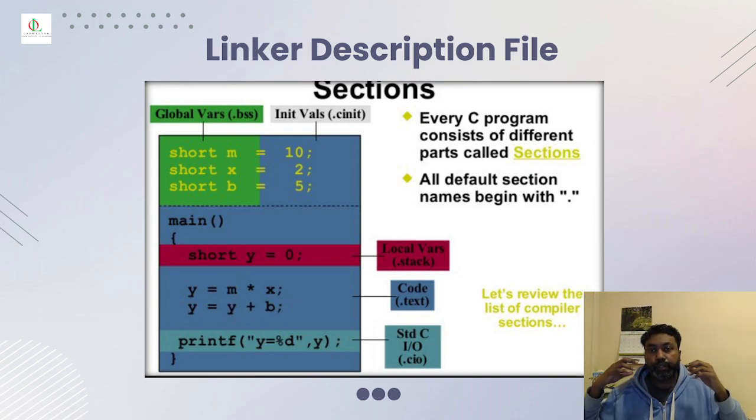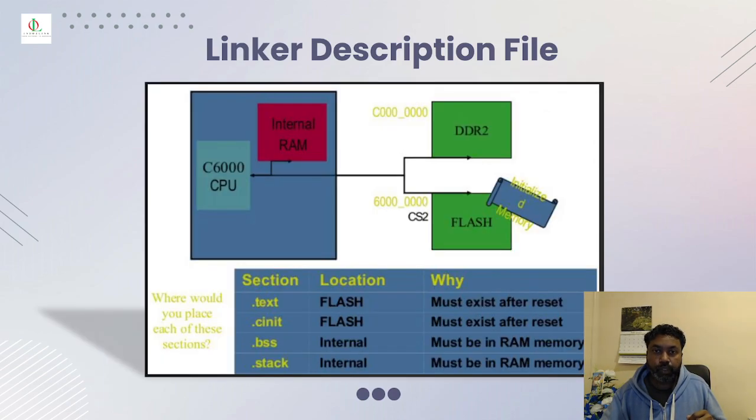So the linker description file is really important. Let's see how the linker description file maps the memory. The microcontroller has its own internal memory, and that's linked via the linker to the external memory. This can be DDR2, flash, whatever the case may be.